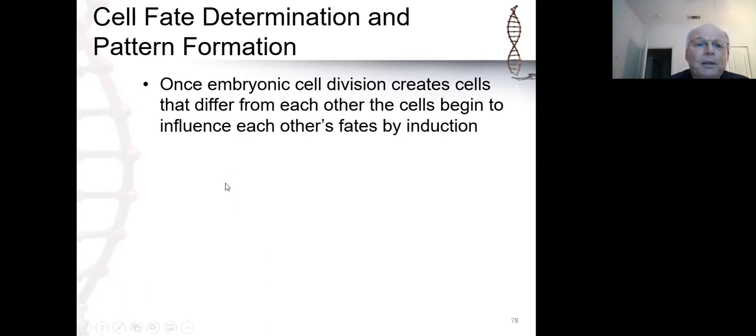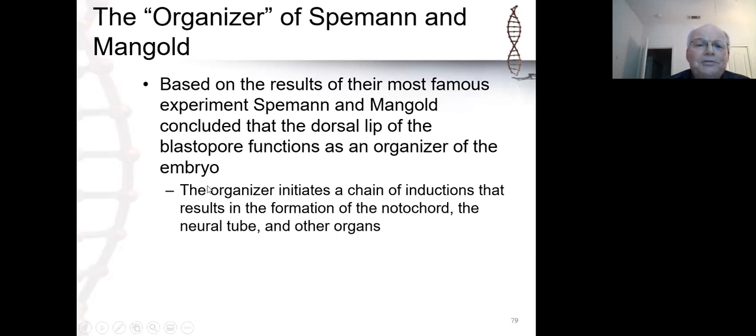So one of the things that Spemann and Mangold realized once it had been established that the gray crescent established dorsal ventral was that the blastopore develops in that region where the gray crescent is. And so they started to become curious about what it was in that region that might be causing the fixation of the dorsal ventral axis.